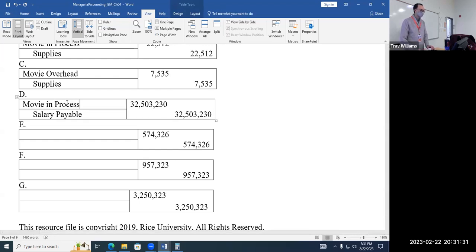Right? Because that's direct labor. Indirect goes to movie overhead and also is a credit to salary payable. Yeah, so just like with physical products, if it's directly related, it goes into the in-process account. If it's not, it goes into the overhead account.